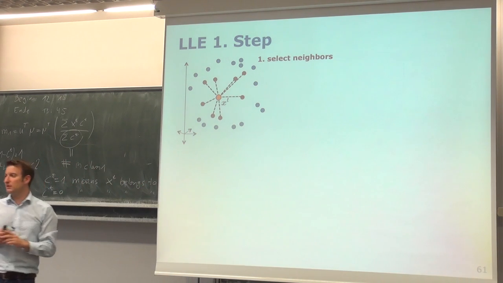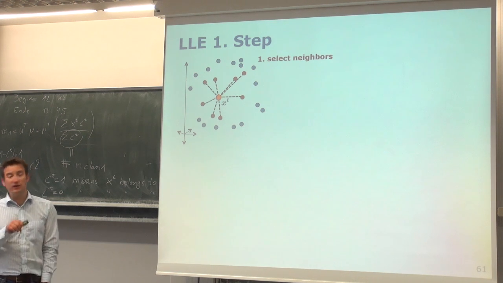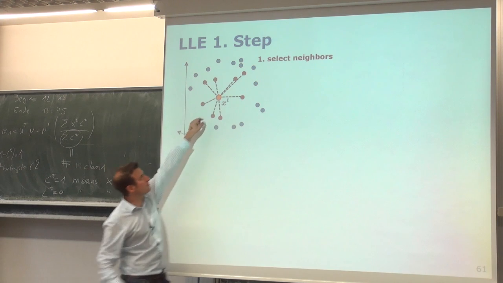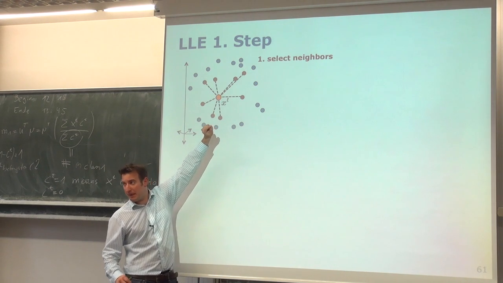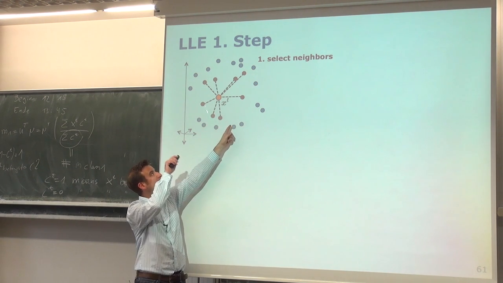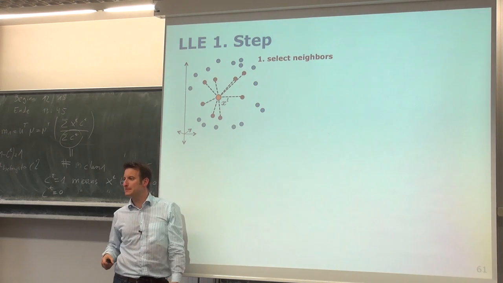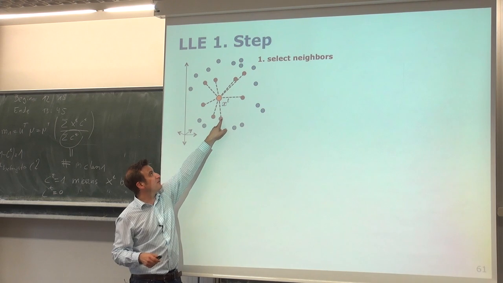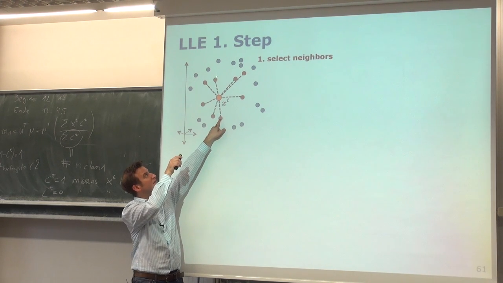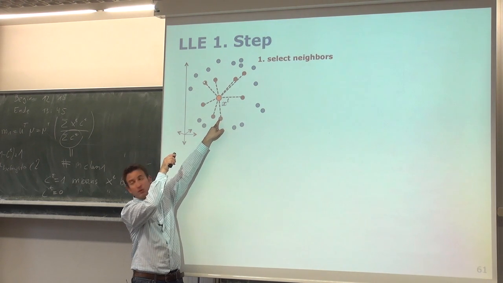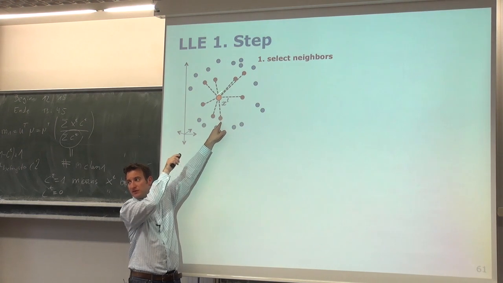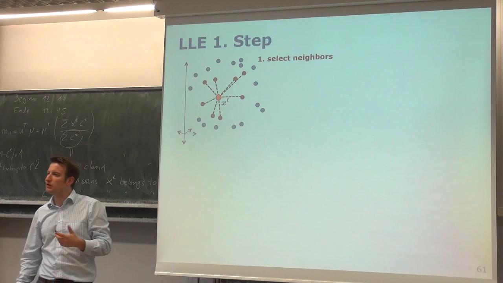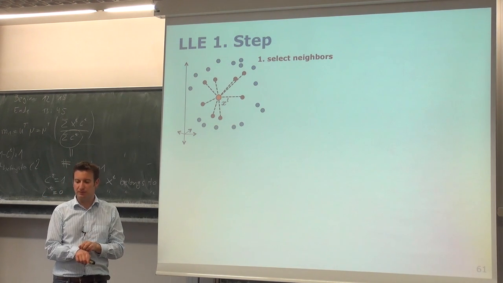So the first thing we say is, if I take away this orange point, I want to be able to reconstruct this point just by a weighted sum of its neighbors. So whatever, 1 times this point, plus 0.8 times this point, plus 0.1 times this point, and so on. This gives me a weight for every neighbor, and the dimensionality is the number of neighbors this point has.